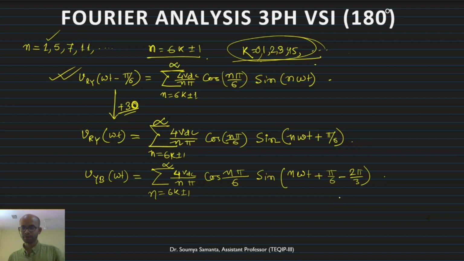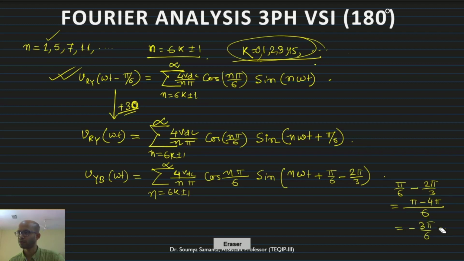This part will be pi by 6 minus 2 pi by 3. Let me calculate: this will be pi minus 4 pi over 6, so this will be minus 3 pi by 6, which equals minus pi by 2.